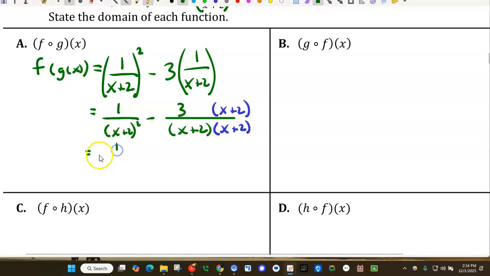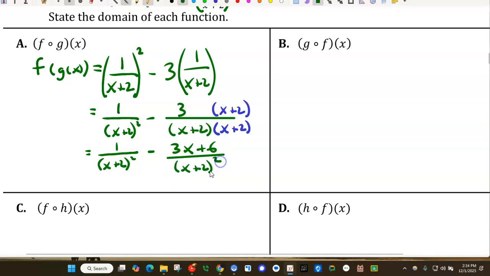So first doesn't change. Second simplifies. So we'll have minus 3x plus 6 over x plus 2 squared.